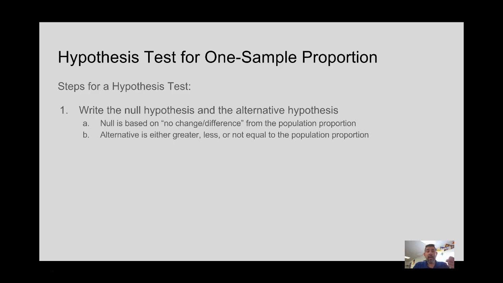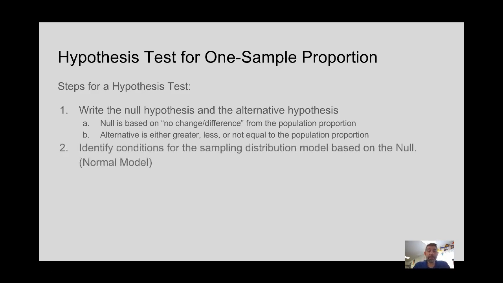For instance, is the obesity problem in Mission, Texas greater than, is that proportion greater than what we would normally see in the population? Whereas our null would be that there's no difference between the population and what we see in Mission, Texas.